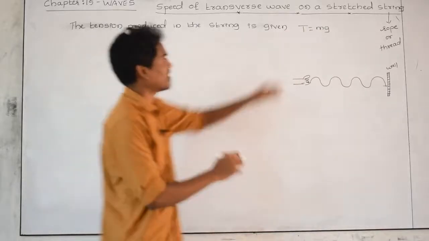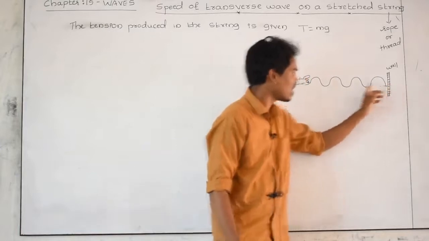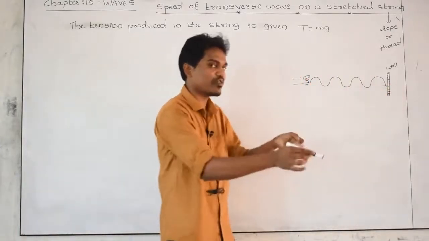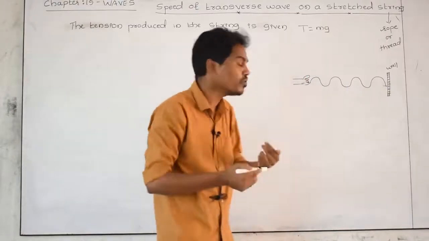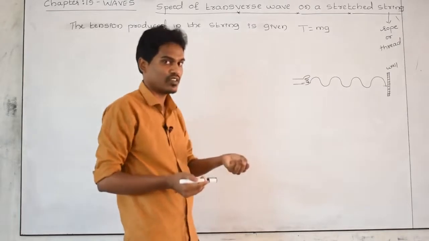What is T? Tension produced in the wire. One end is attached to the wall, the other end is in your hand. If you just jerk the wire, it is not producing a wave. In order to produce a wave, what do you need to do? You need to stretch the wire, then you jerk your hand.